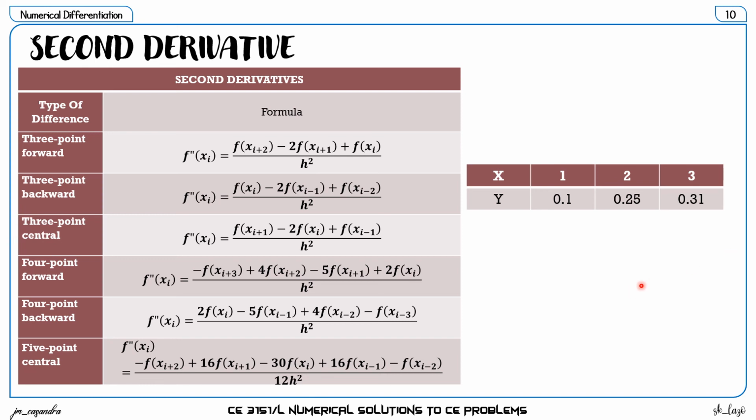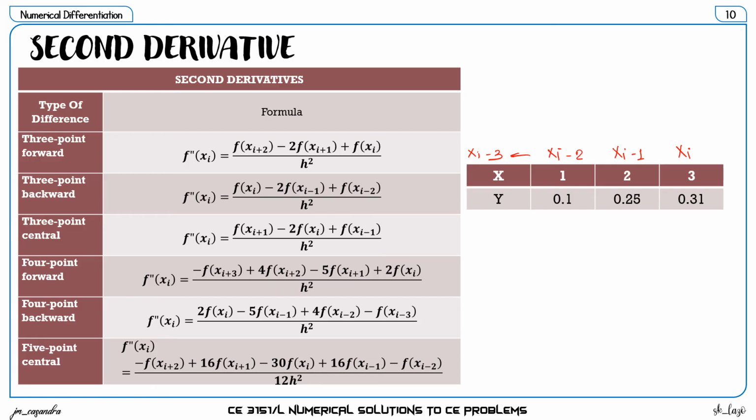Basically, we'll have the same process. You have here your xi, so xi minus 1, xi minus 2, xi minus 3, and so on.